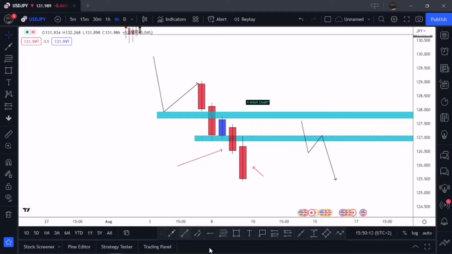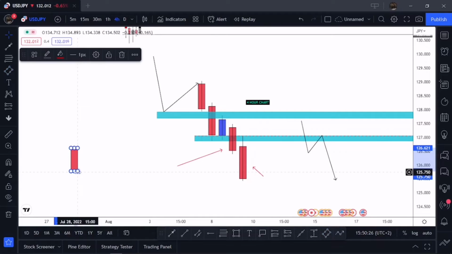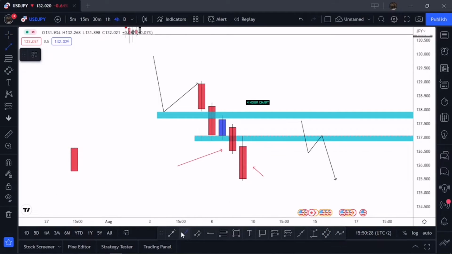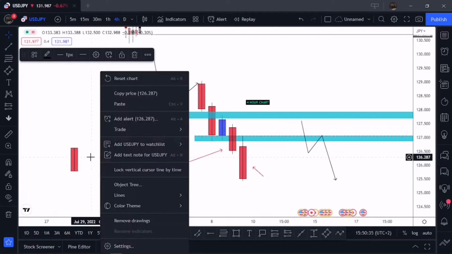How does a candlestick form? I'm sure all of us know that if we have an open right here, I'll explain why I'm doing this.